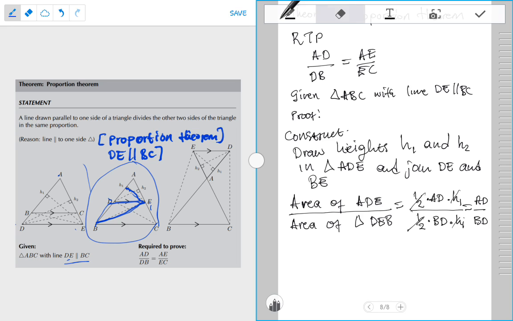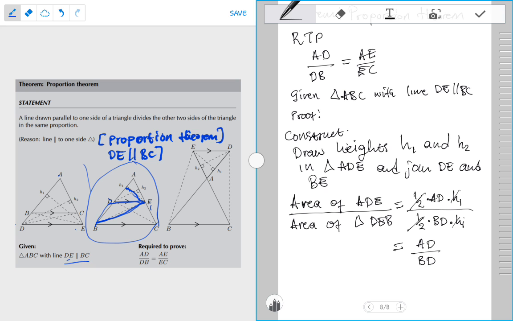Let me just write it here properly. Okay, we're having AD over BD.